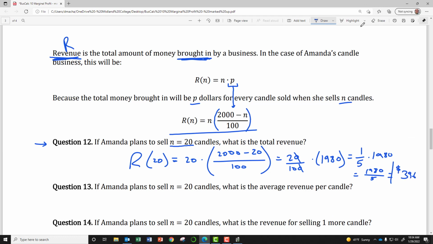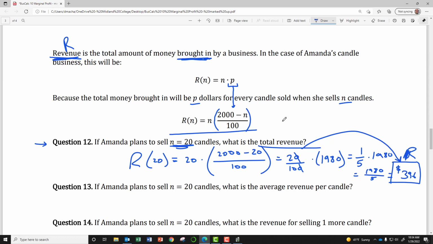Cool. So if we plan to make and sell 20 candles, my total revenue, capital R, is going to be $396. That's the amount of money we brought in because we sold 20 candles at some price, and you can figure out what the price was, but you'll have to use the price function.